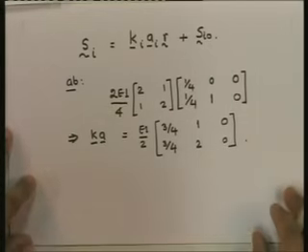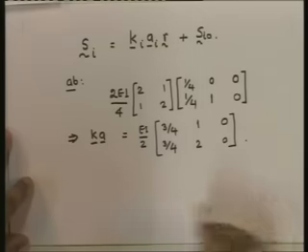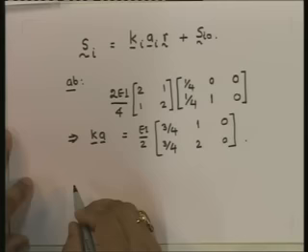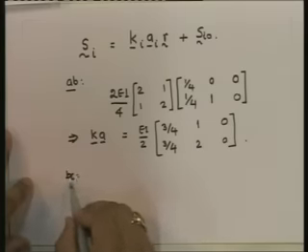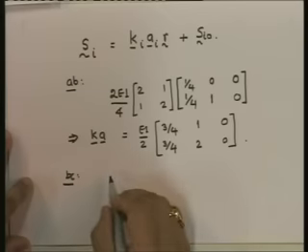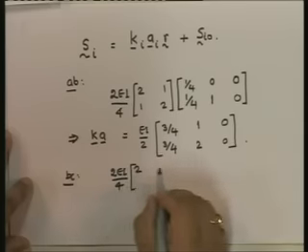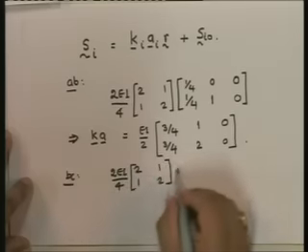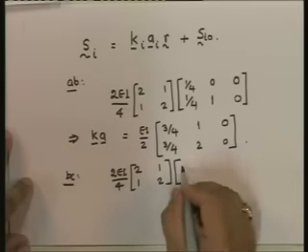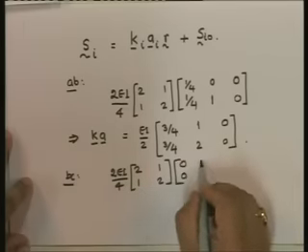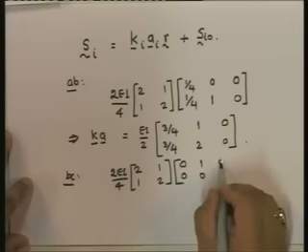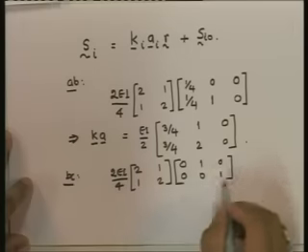Okay, similarly we can do it for BC. For BC, we have 2EI by 4 [2 1; 1 2] into A for BC, which is [0 0; 1 0; 0 1].